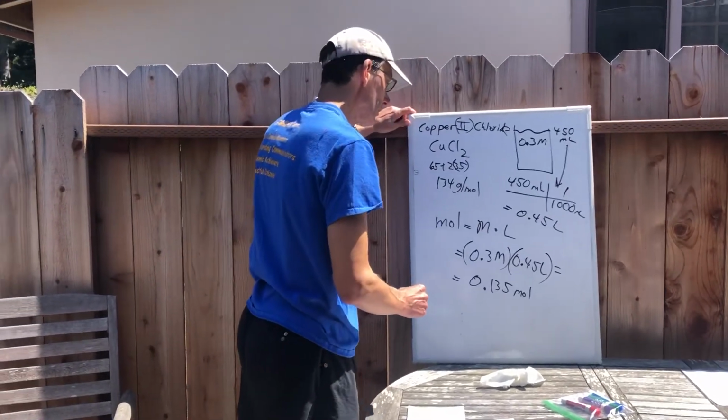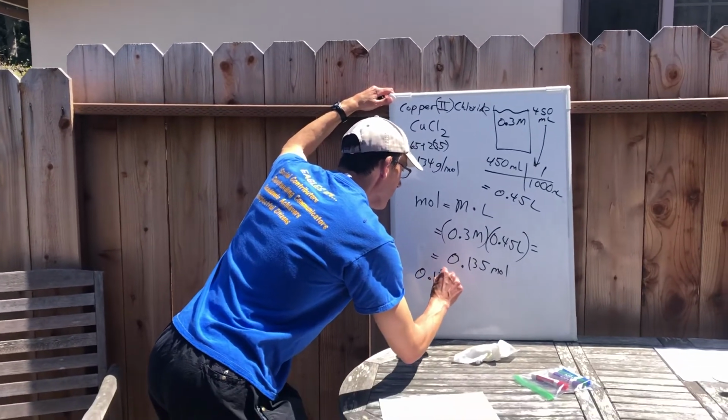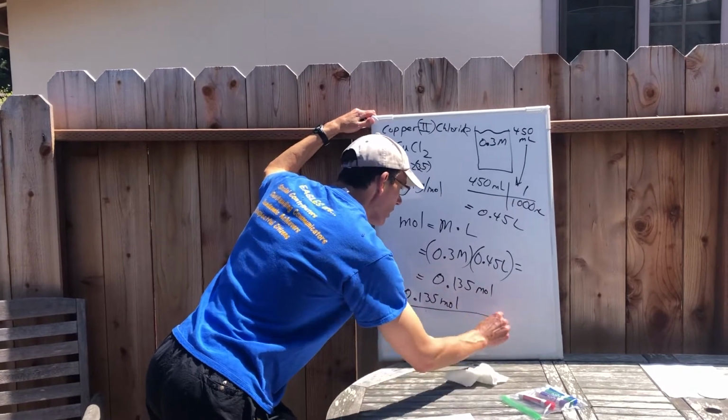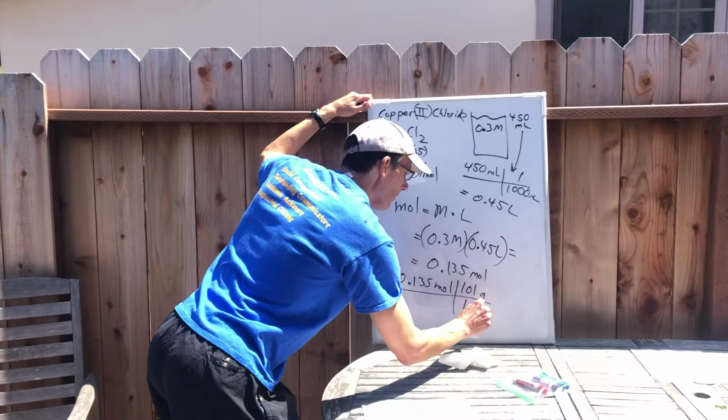And we're going to convert that to grams. So you have 0.135 moles, 101 grams in 1 mole.